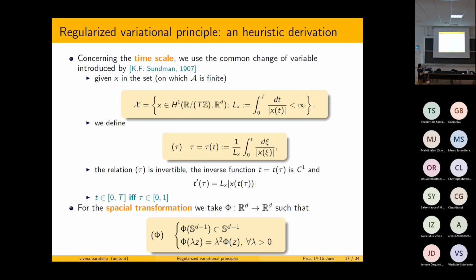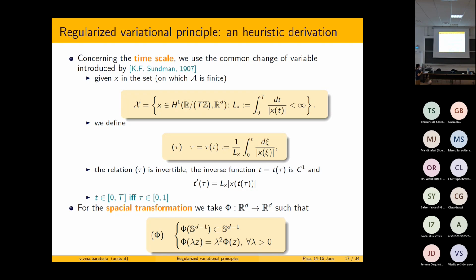So the variable change that we use is the same one that Vivina used. In particular, there is a time scale, which is the classical one proposed by Sundman, and a spatial transformation.